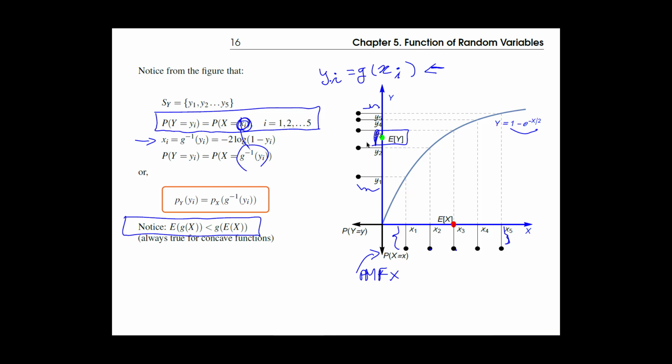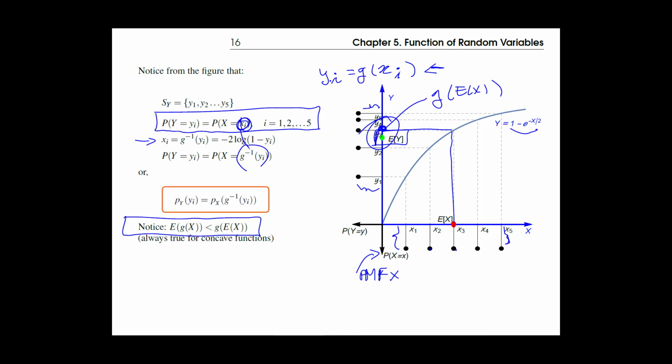Now, if we evaluate the function at E of x, we would have to go up here and then to the left. You would find that right over here is the function evaluated at E of x. And you see, by comparing the blue dot and the green dot, that the blue dot is greater than the green dot.